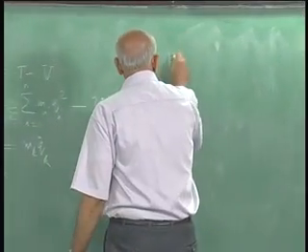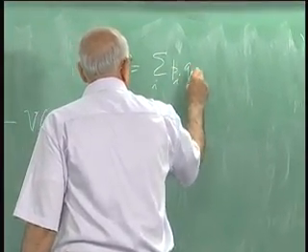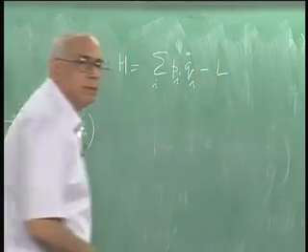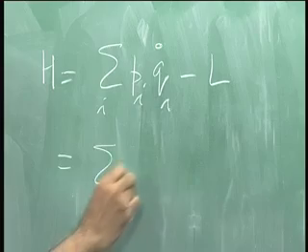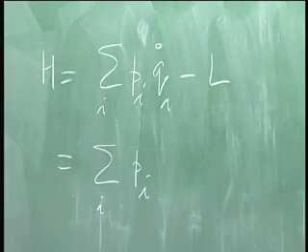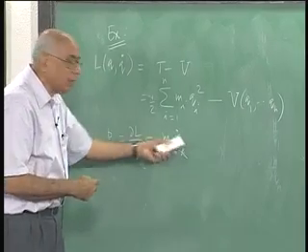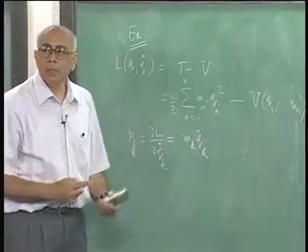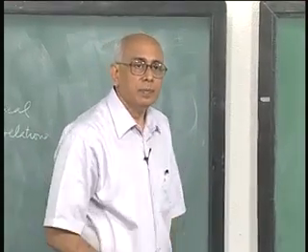The Hamiltonian is equal to the summation over i of p_i q_i dot minus L, but for q_i dot I have to invert this expression and write the q dot in terms of the p, because remember the Hamiltonian is a function of the q's, p's and time possibly.